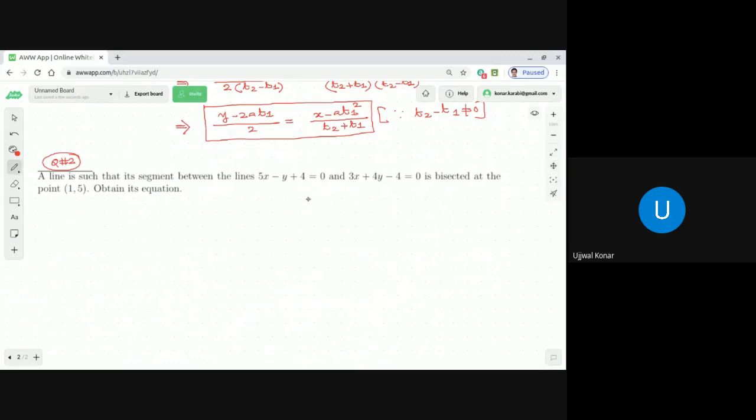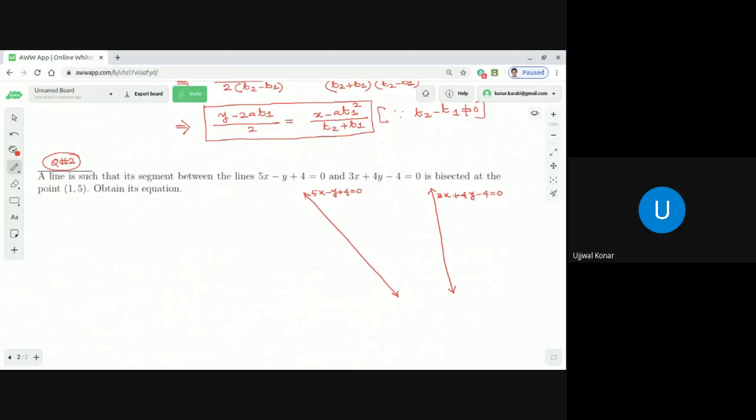Suppose this is 5x minus y plus 4 equal to 0, and this is 3x plus 4y minus 4 equal to 0.